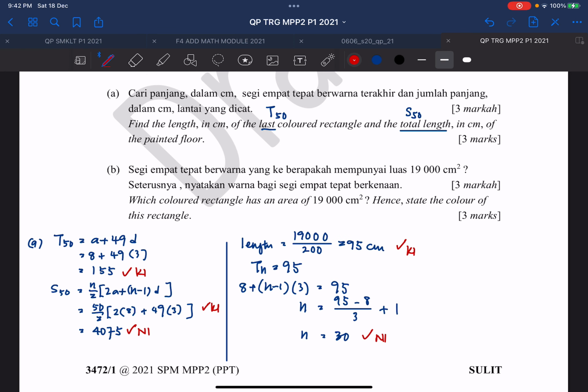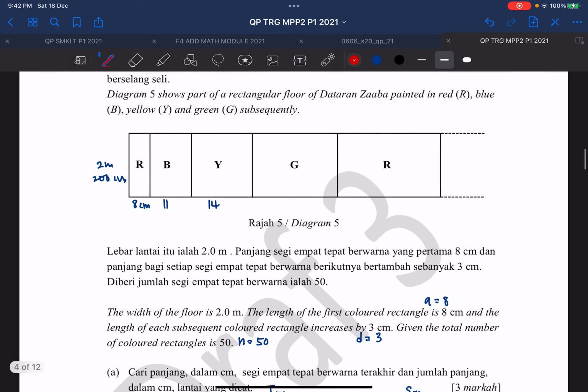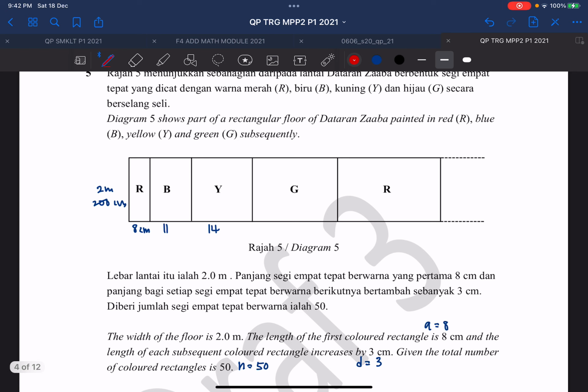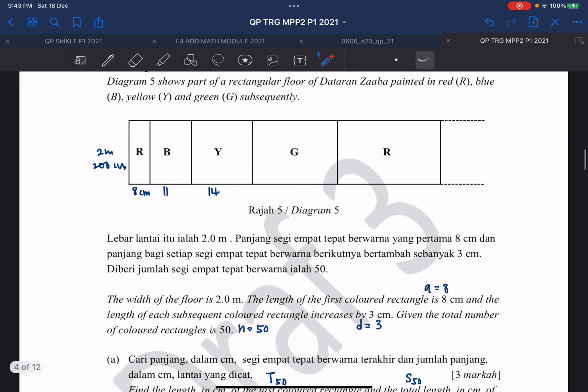So how should you do these kinds of questions? It will be repeated every 4 units. You start with red, continue with blue, then yellow and green. So every 4 it will be repeated, again and again. Now it will be 30.